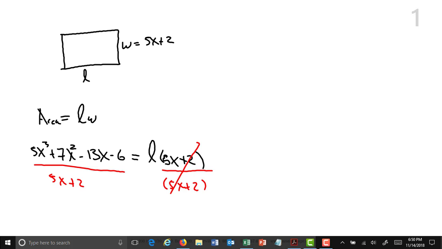Okay? So now I have an equation. My equation is L is going to be equal to 5x cubed plus 7x squared minus 13x minus 6 divided by 5x plus 2. So which one goes in the box, the division box?